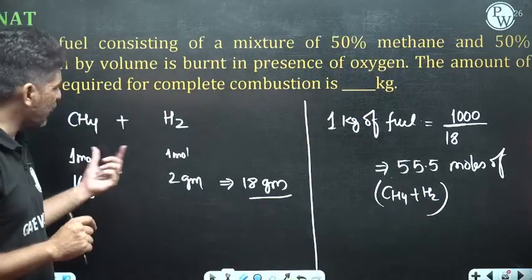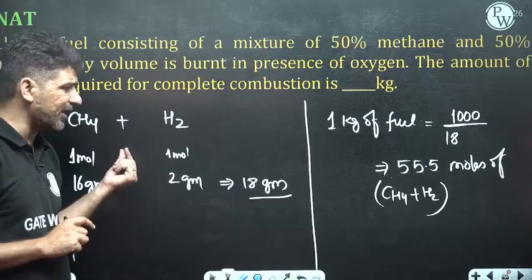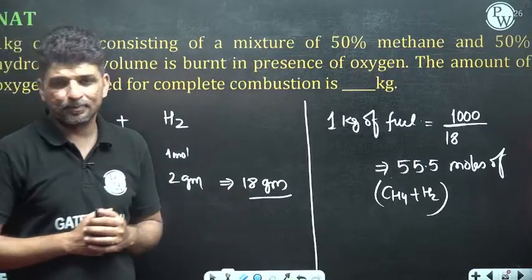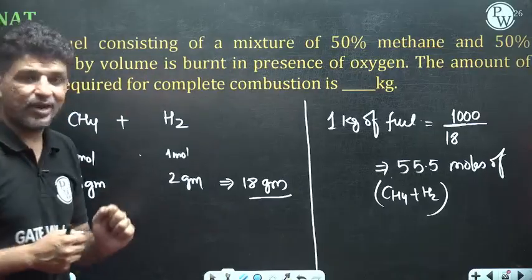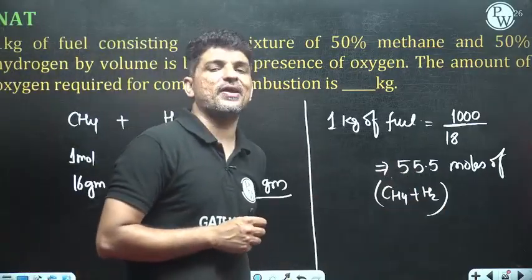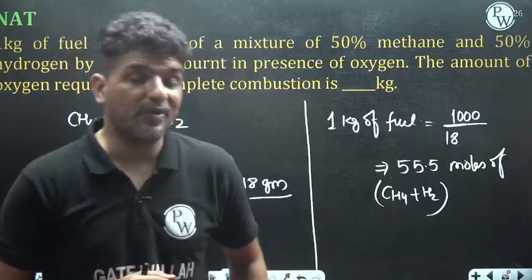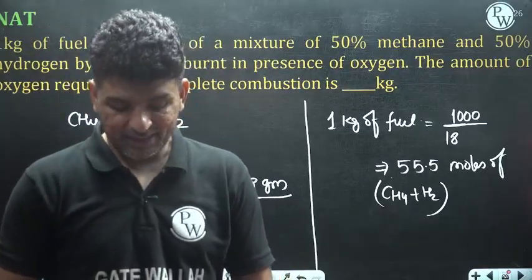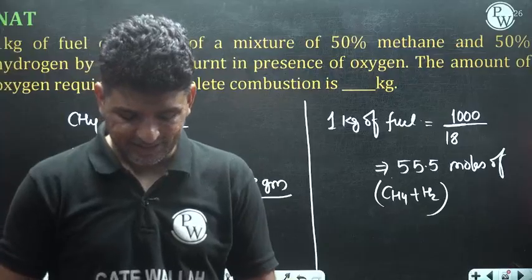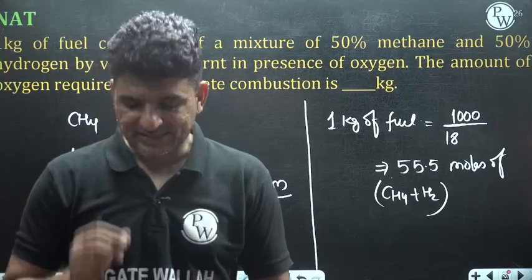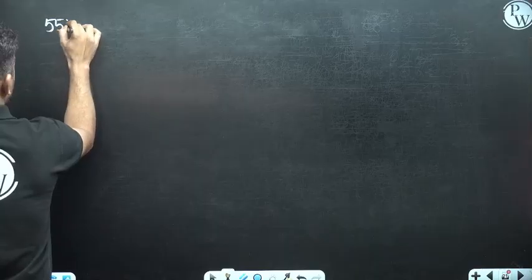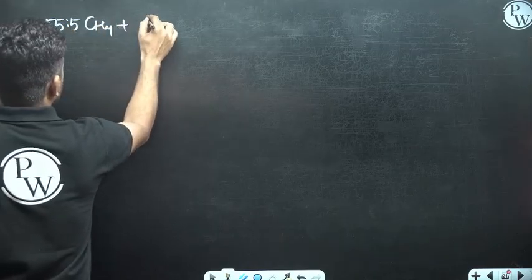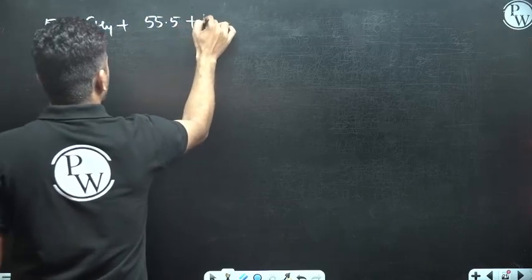One mole each of CH4 and H2 weighs 18 gram. So if 1 kg of the fuel is there, it should have 55.5 moles of methane and 55.5 moles of hydrogen. 1000 divided by 18 is 55.55.